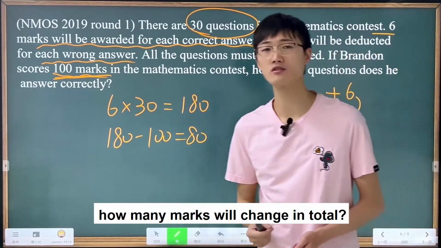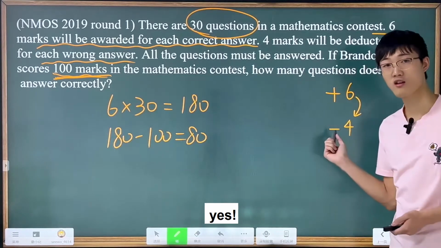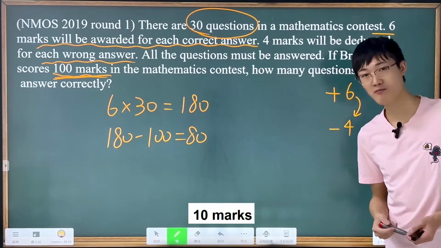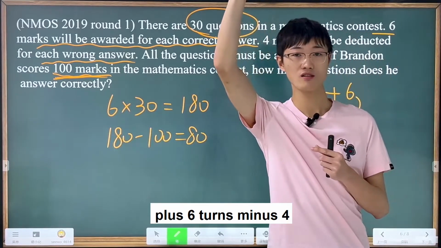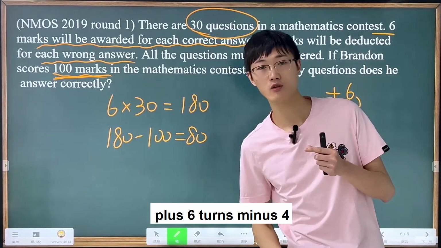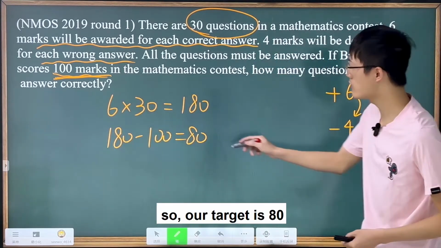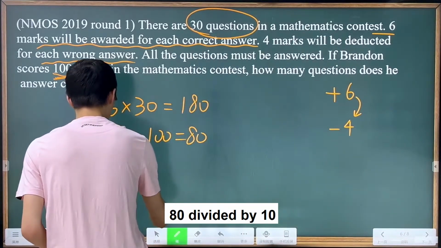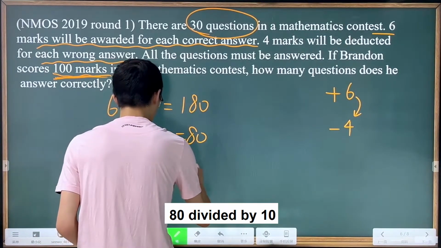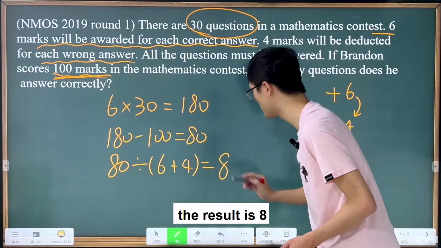How many marks will change in total? Yes, 10 marks. Plus 6 turns into minus 4, so 10 marks will be changed. So our target is 80. 80 divided by 10. The result is 8.